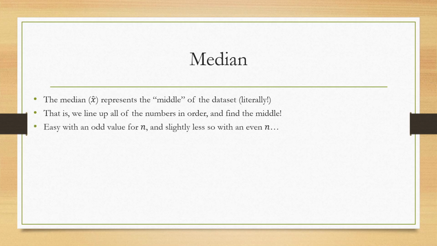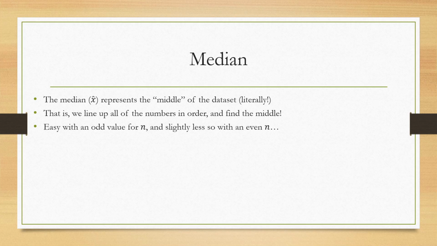Here, the biggest thing I want to point out is, as a component of the median, we line up all of the numbers in order, and then we find the middle. That is the first step of the calculation: lining up all of the numbers in order before we find the middle. And I really do mean the middle number. If we have 5 numbers, 1, 2, 3, 4, 5, the middle number is the third number.